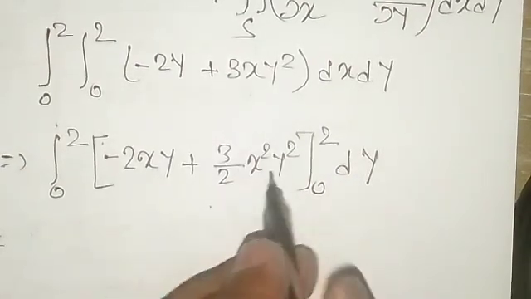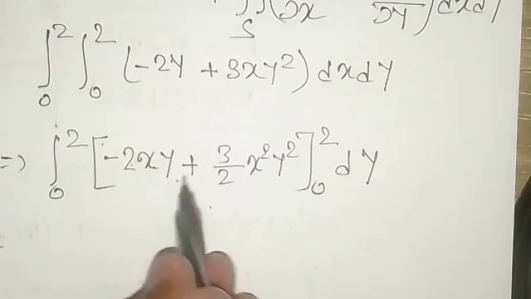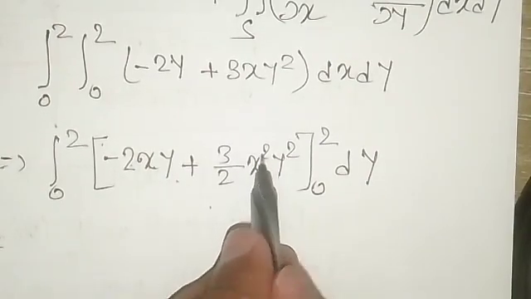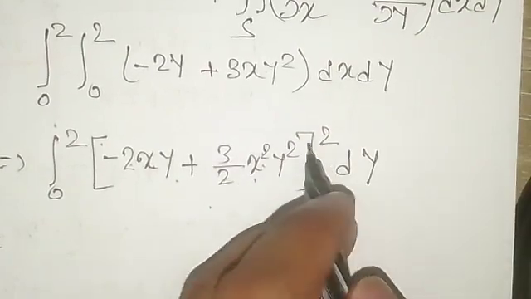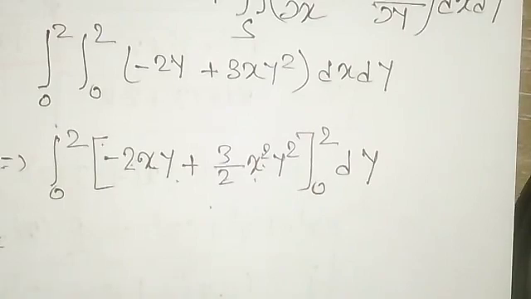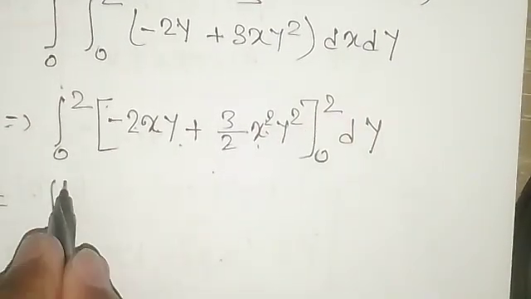So when you substitute this limit, x is equal to 2 you have to put. So this is minus 4y, and this is 2 to the 4, and 2 will get cancelled. So 6y square, is it or not?